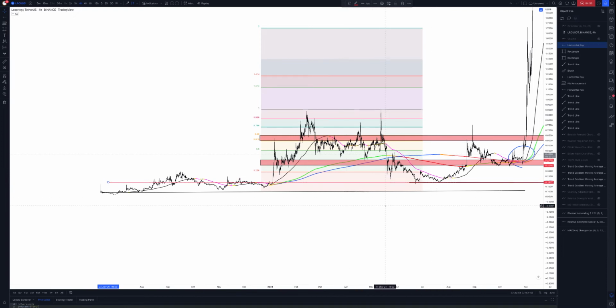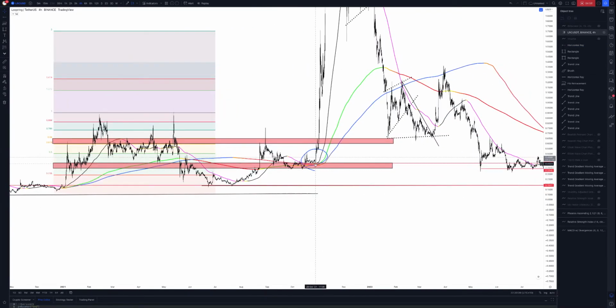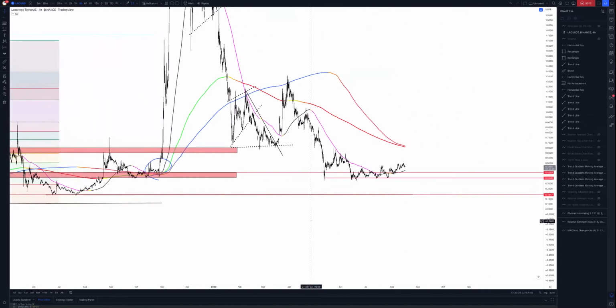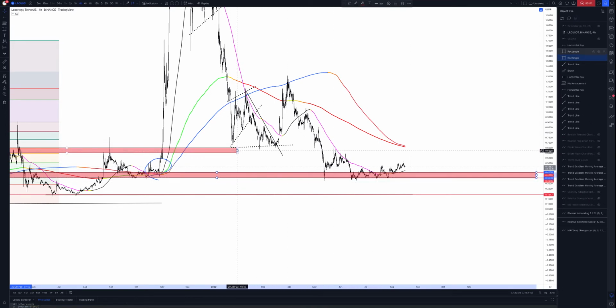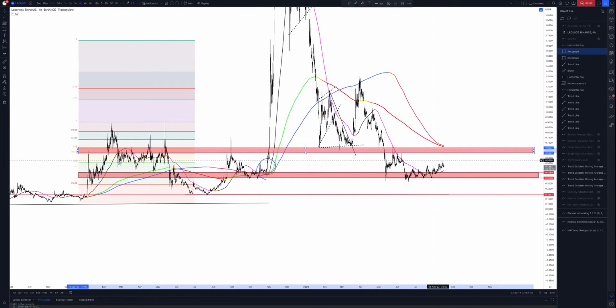So if we continue that, this is where price took off. And you can see, if we just expand that, it's there at the moment, and you can see that resistance from the previous. So the 618 band, that's acting as resistance.